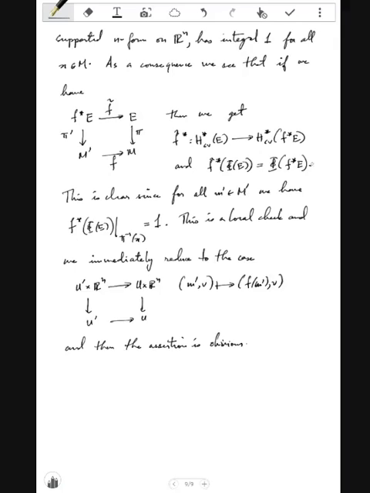So the assertion is that the Thom class of f upper star E is the pullback of the Thom class of E, and this is checked by checking that the pullback of the Thom class of E, when we integrate it on any fiber over small m prime in capital M prime, the integral will be 1. So this is a criterion which we will use later.